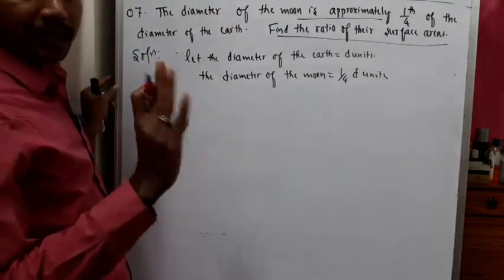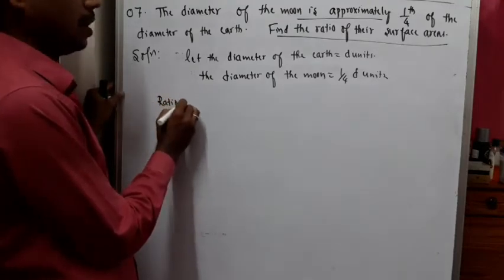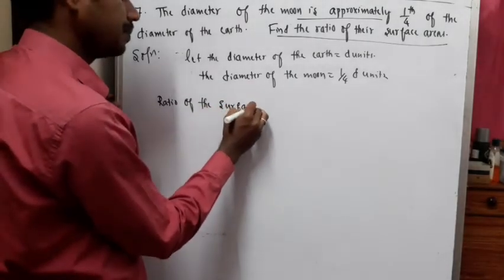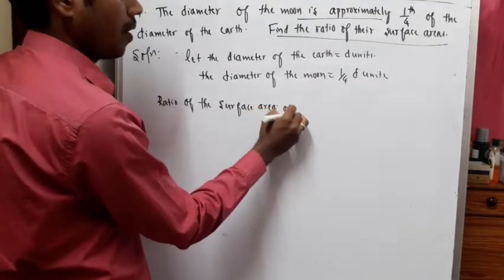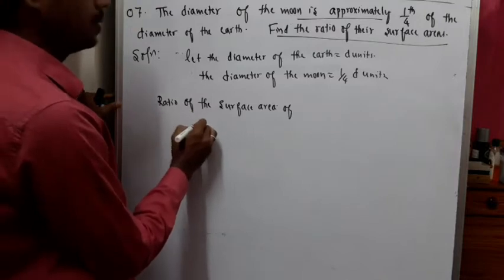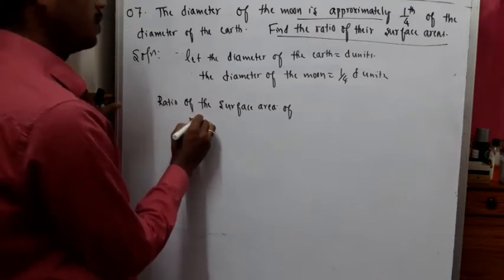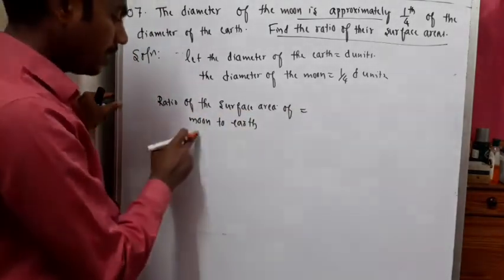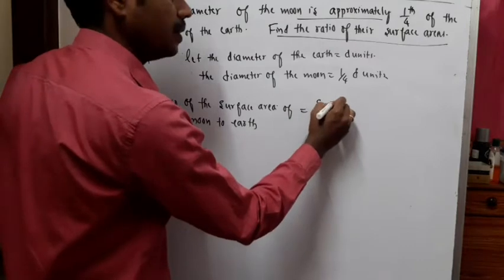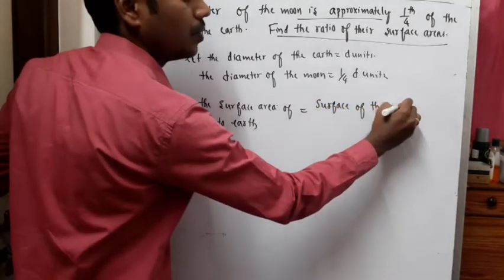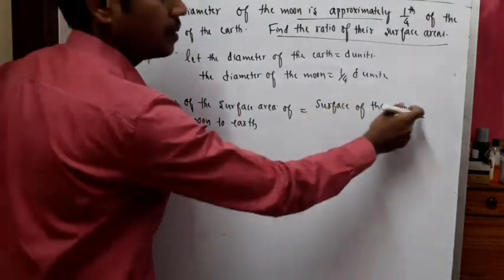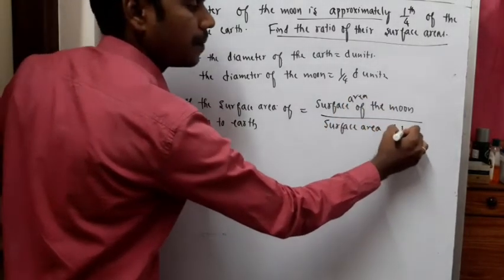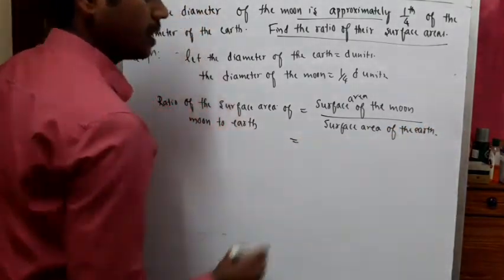You know moon and earth are in the spherical shape, so the ratio of the surface area of the moon to earth is equal to, first, the surface area of the moon divided by the surface area of the earth.